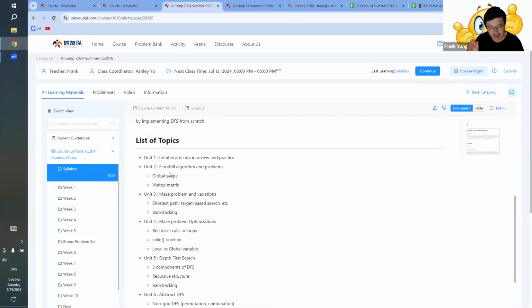But then you need to identify the problem and how you are going to apply DFS to it, right? In the future, if you're given a totally different problem, you have to figure out whether it can or cannot be solved by DFS, right? But for this quarter, all problems can be solved by DFS. It's already given, right? Students just need to figure out how.